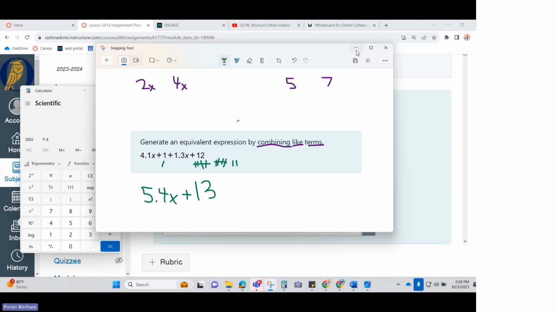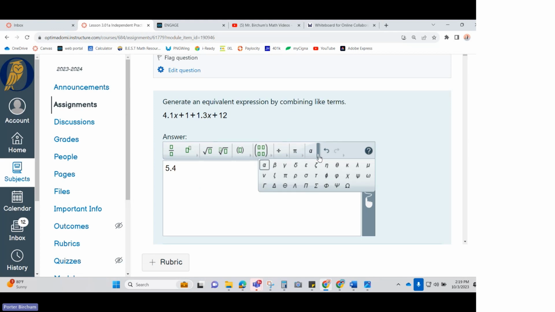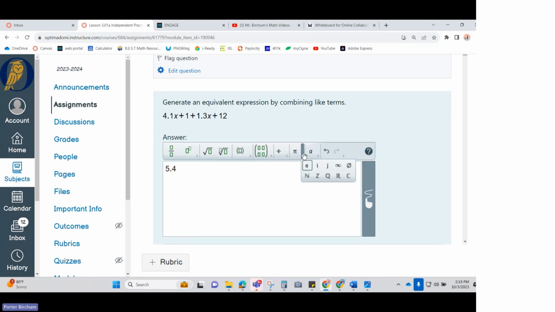5.4x plus 13. Let's find my x by clicking on this arrow, not that arrow, this arrow. Just making sure, seeing if there is a specific kind of x, nope, that's not the x I use. Okay, I'm just going to type x.